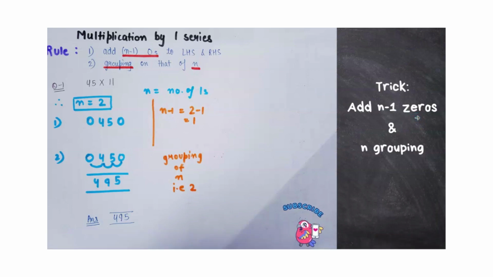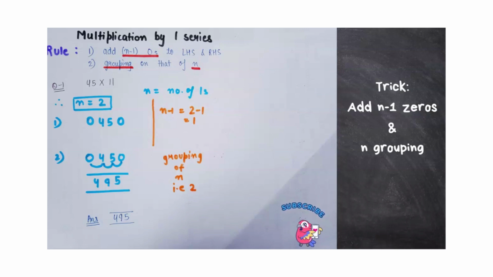So before doing the questions, let's understand the rule that we are going to deal with in series multiplication. For this, you need to understand two things. The first one is that you need to add n minus 1 zeros to the left hand side and right hand side.